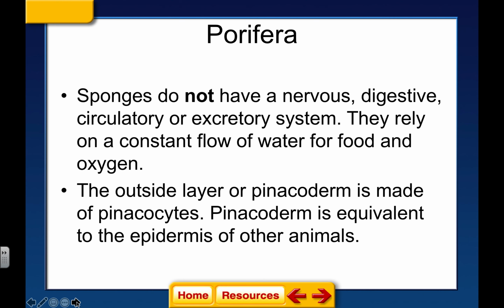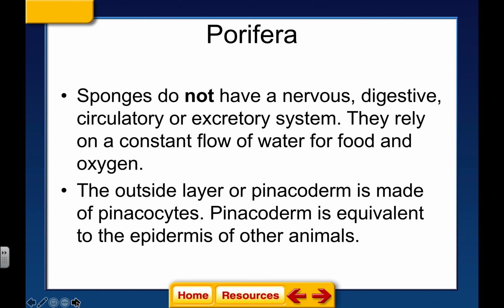So these sponges are totally reliant on the flow of water to come in. They're going to filter out the food or bring the food out of the water, try to trap it. And this is the way they get their oxygen as well. The outside layer of the sponge is called the pinacoderm, and it's made of little units called pinacocytes.